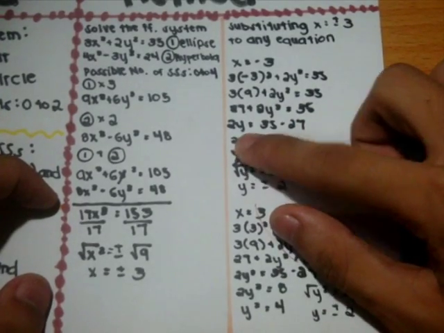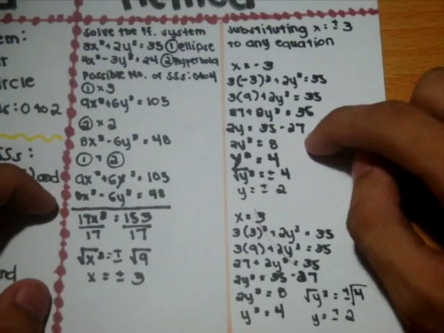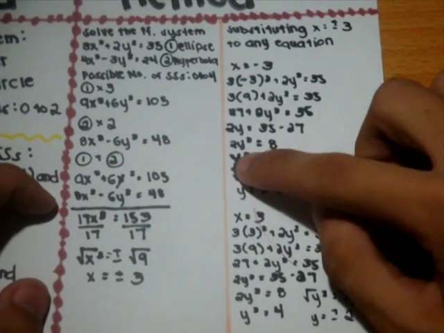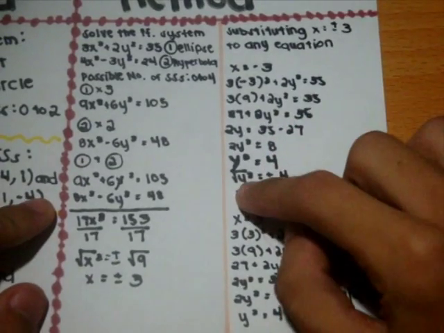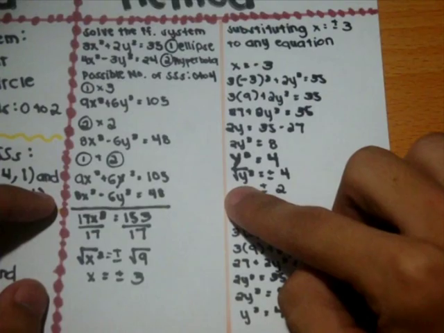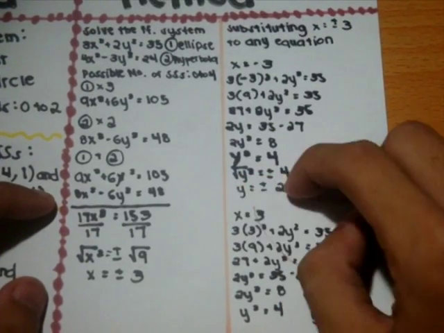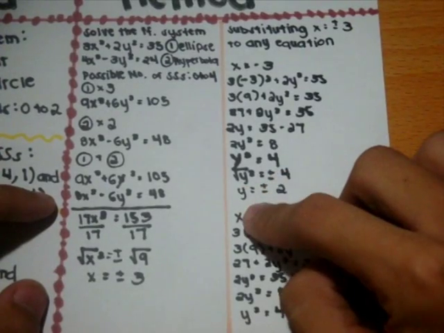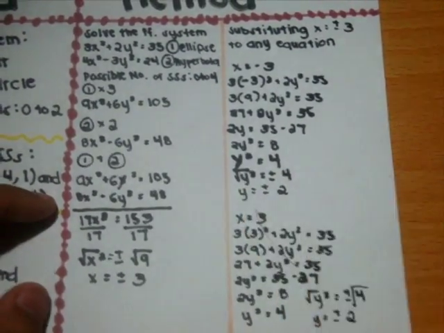Transposing 27 to 35, we have 2y squared is equal to 35 minus 27, and then 2y squared is equal to 8. Dividing both sides by 2, we'll have y squared is equal to 4, and we square root both sides to have y, and we'll arrive with y value plus minus 2.